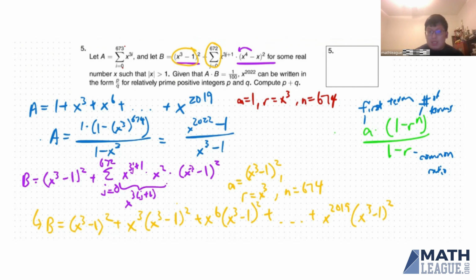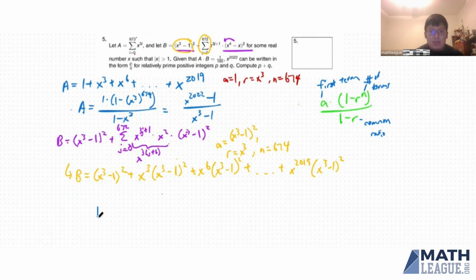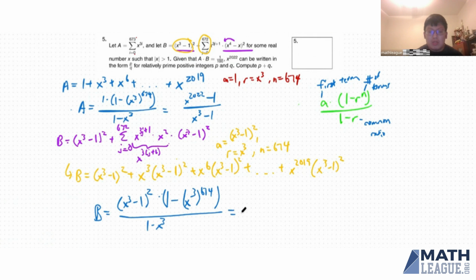So that means that the value of B is going to be x cubed minus 1 squared times 1 minus x cubed to the 674th over 1 minus x cubed. So that's going to equal x to the 2022nd minus 1 times x cubed minus 1.